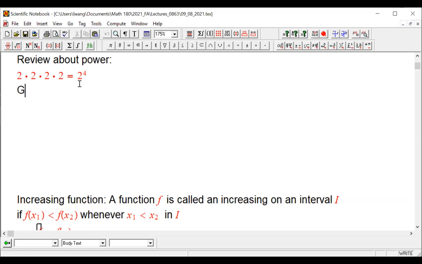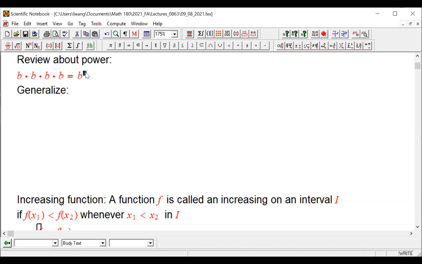And to generalize, we may have b times b times b times b, and that's b to the power 4. You guys follow me? That's a generalization, right?